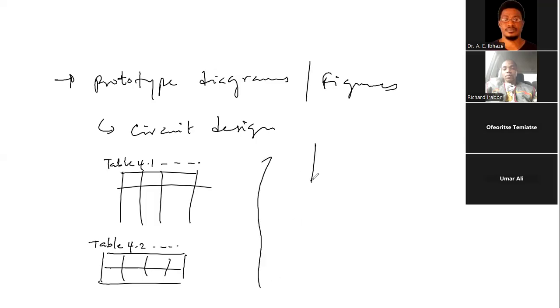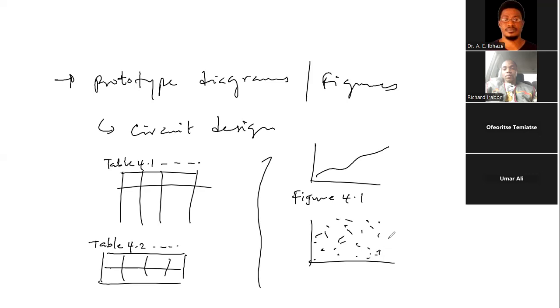Then for figures, let's assume I have a graph. So we'll label the figure below the figure, 4.1. So let's assume here I have a lot of scattered whatsoever. Then this will also be figure 4.2.